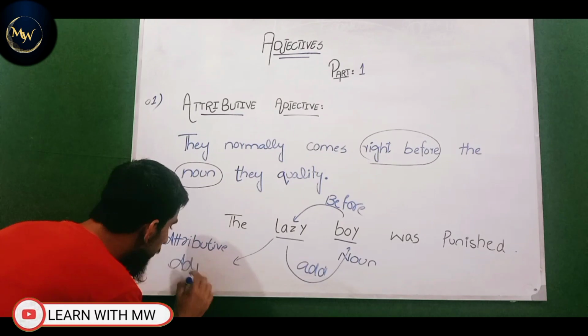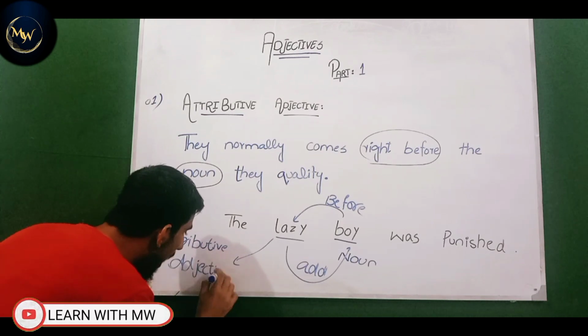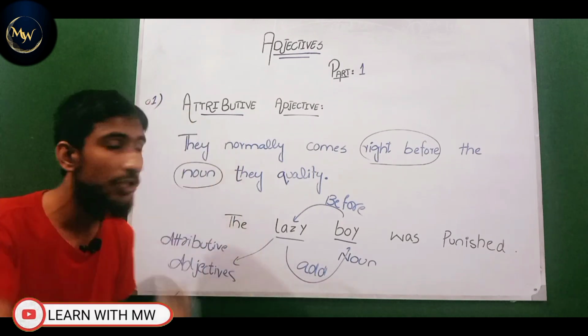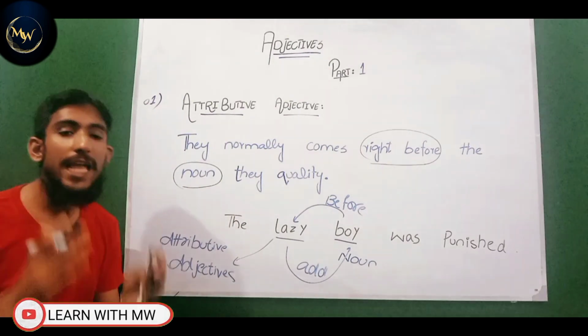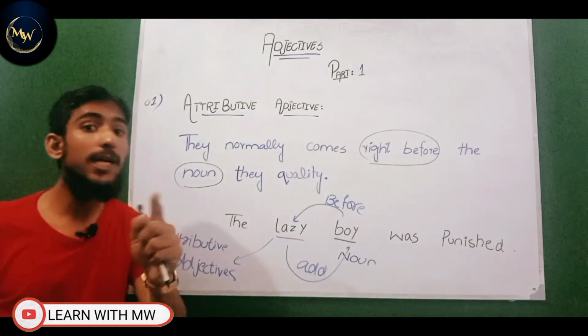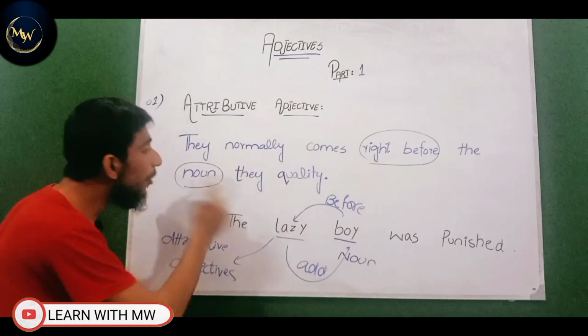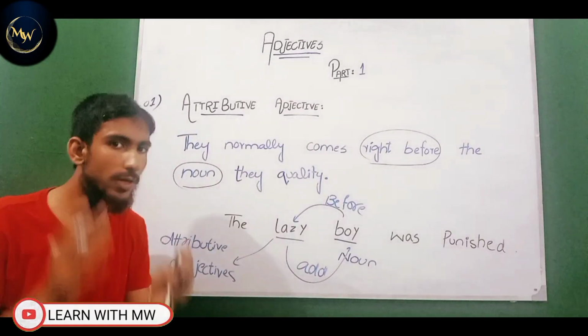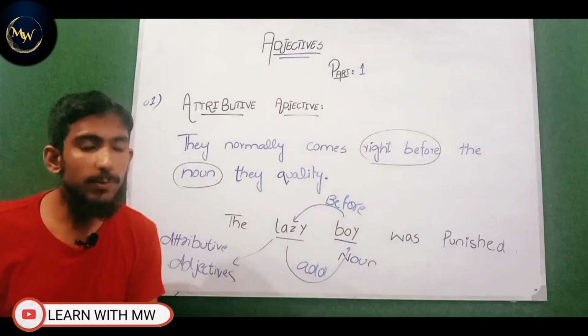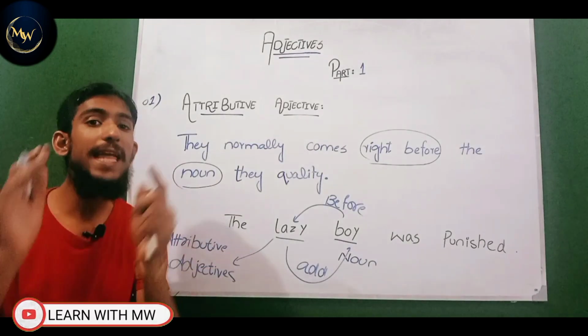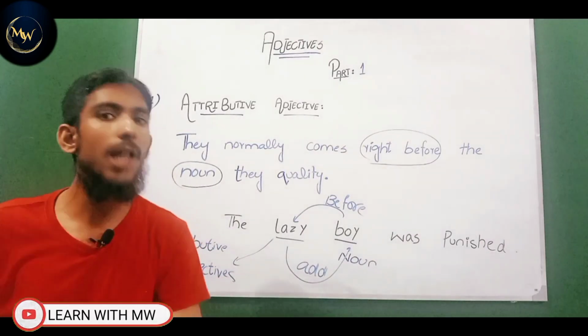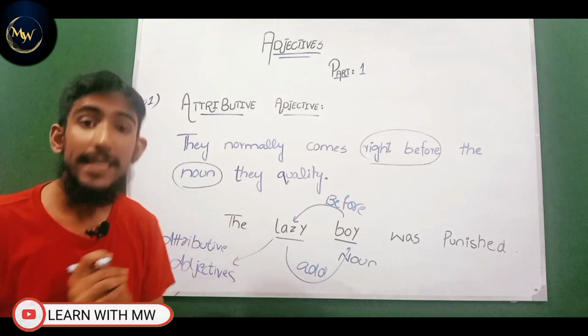Now, viewers, you will know what attributive adjectives are. Those adjectives that normally come right before the noun which they qualify are basically called attributive adjectives in English grammar.